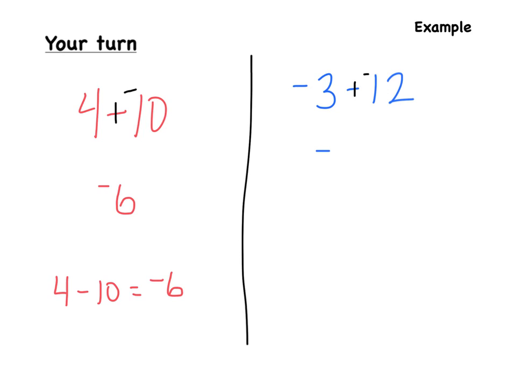So let's add together 3 and 12, which is equal to 15. So our answer is negative 15. If we want to rewrite it back to the original form, we'd have negative 3 minus 12 is equal to negative 15.